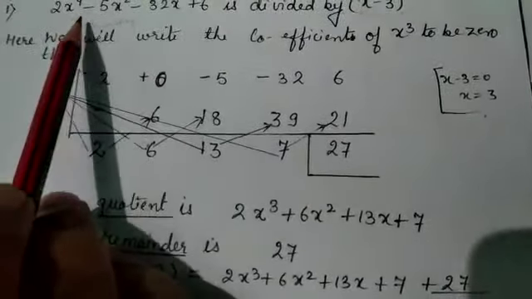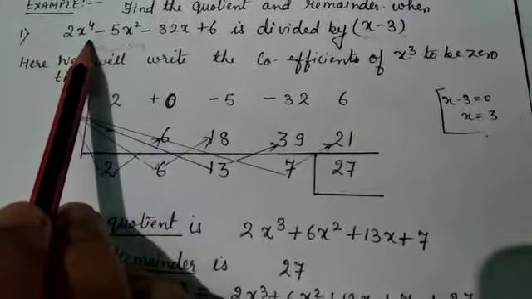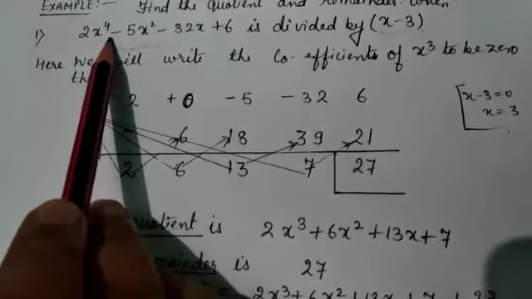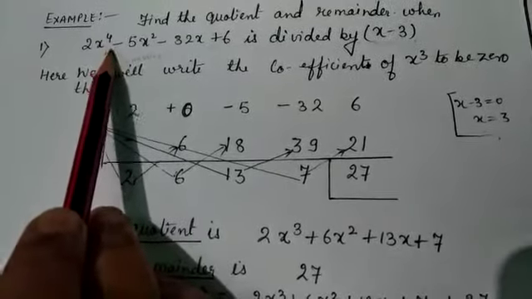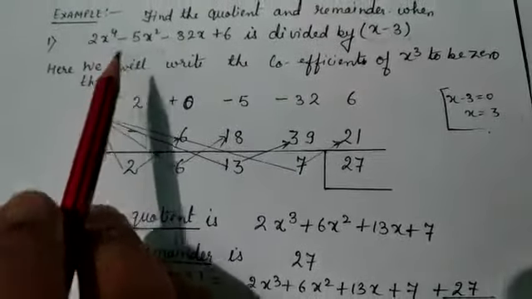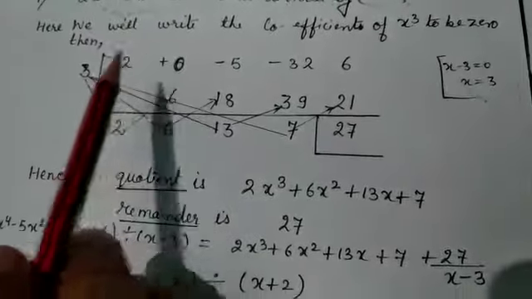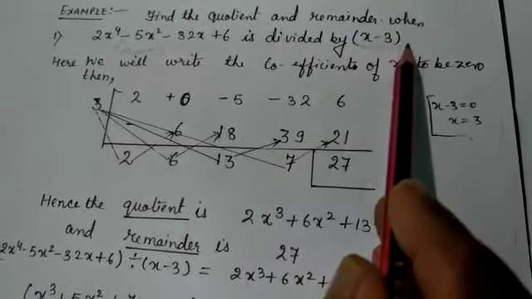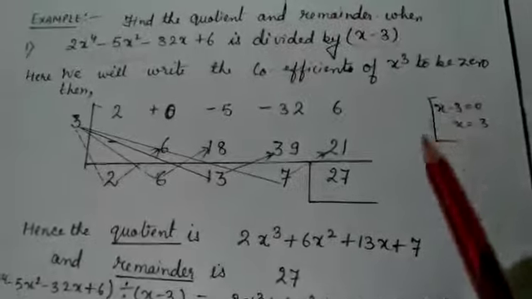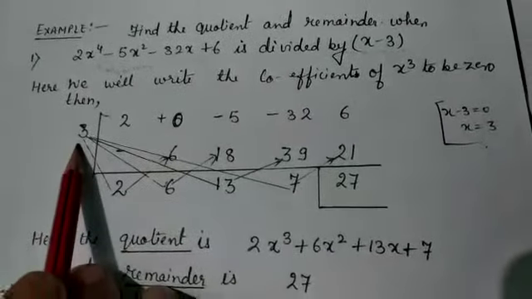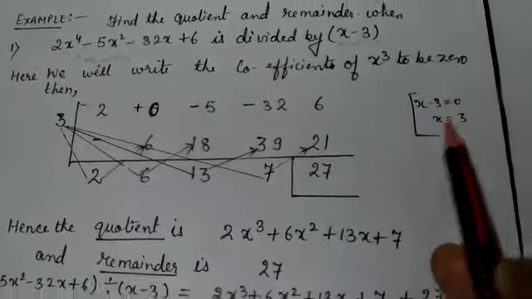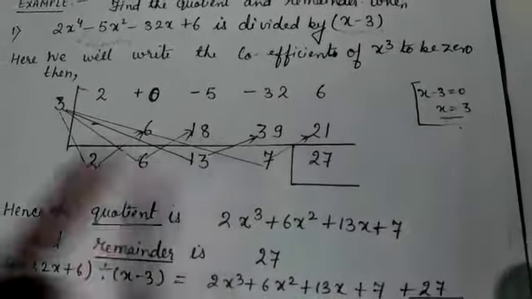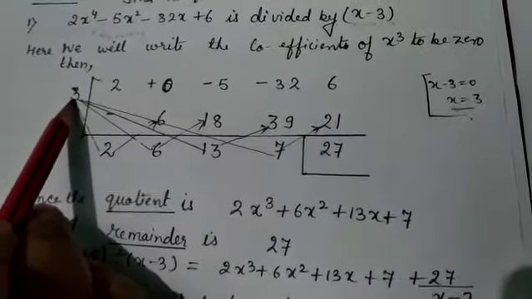So what we will do here, we will write the coefficient of x cube to be 0 while doing synthetic division. Since we have to divide it by x minus 3, what we have to write in the left corner? We have to write 3. x minus 3 is equal to 0, so the value of x will be 3. So we'll write on the left corner 3.